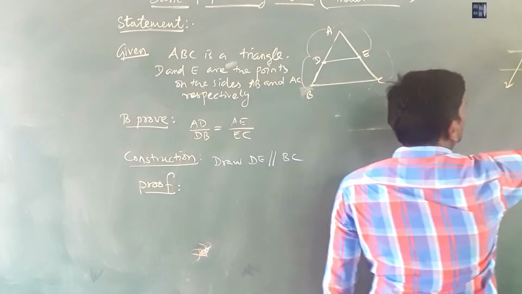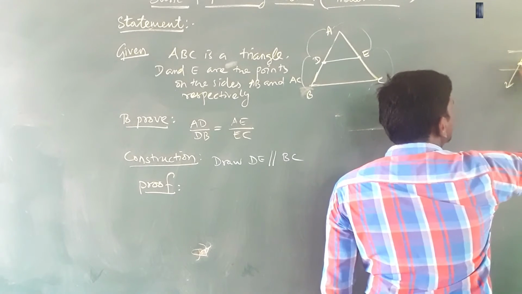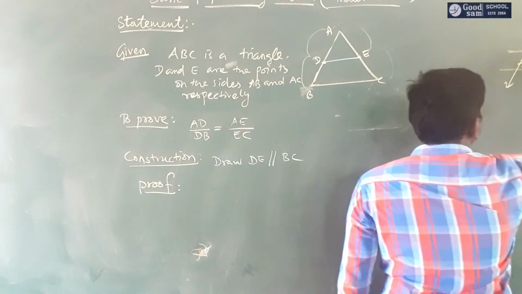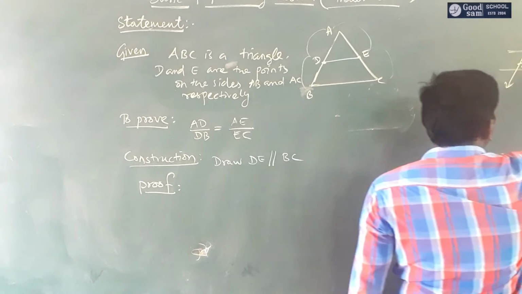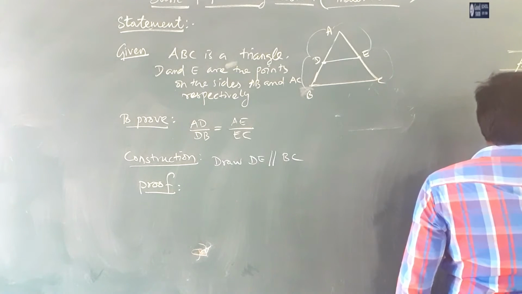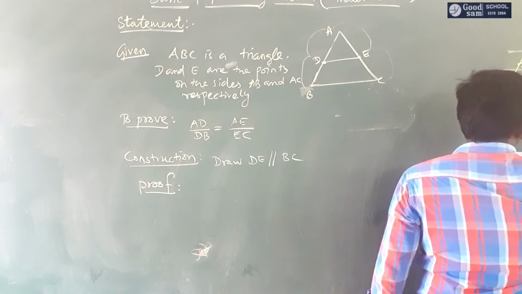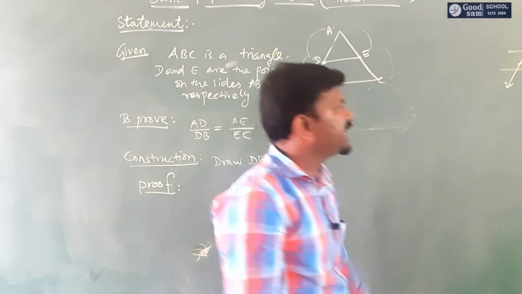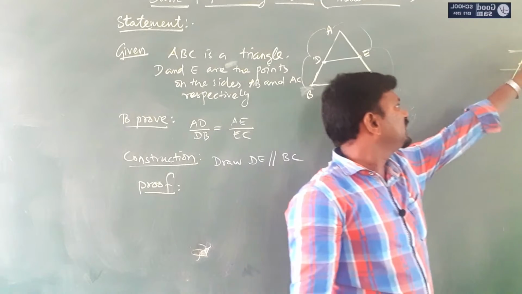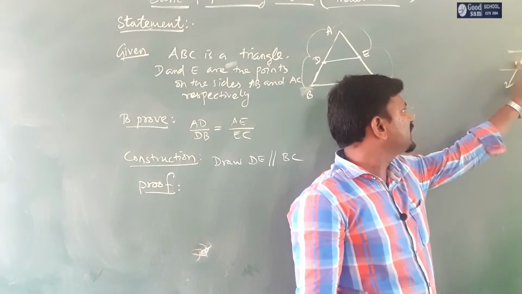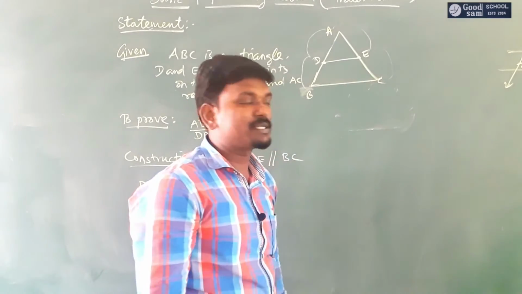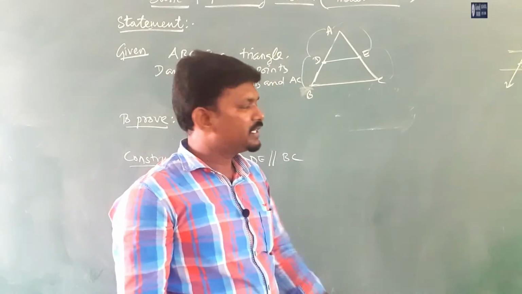When a transversal cuts parallel lines, these two angles must be equal since they are corresponding angles. These two angles are equal, these two angles are equal, because they are all corresponding angles. That is one case.